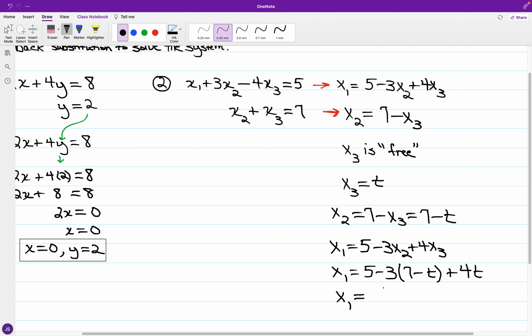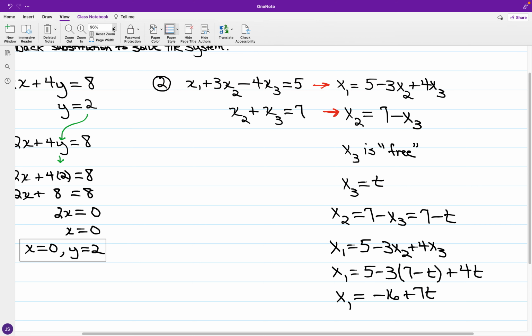So for x of 1, just looking at the constants, 5 minus 3 times 7. Negative 3 times 7 is negative 21. 5 minus 21 is going to be negative 16. Negative 3 times negative t is positive 3t, added to 4t, so we have negative 16 plus 7t.